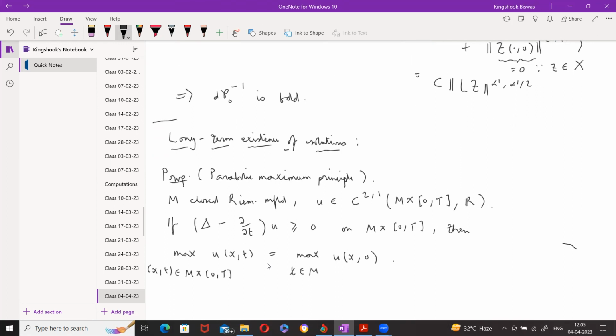So if this is M and we're taking this sort of cylinder, this is M cross [0,T]. Then the maximum is attained here, at some point here, in M cross {0}. So the maximum is attained here.